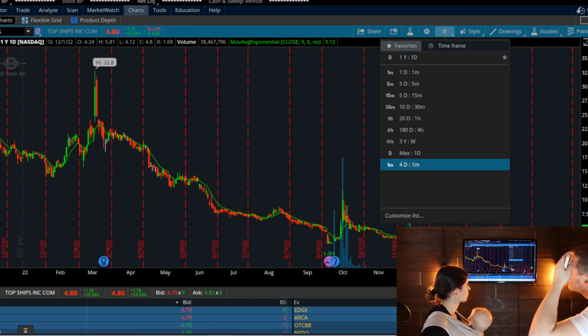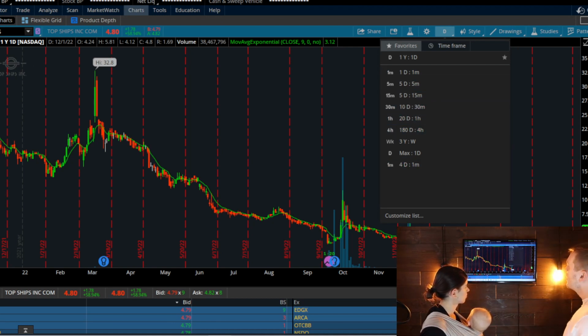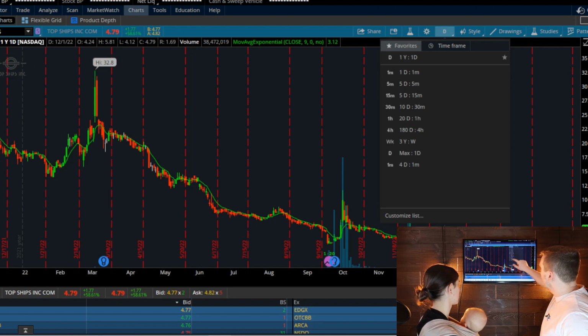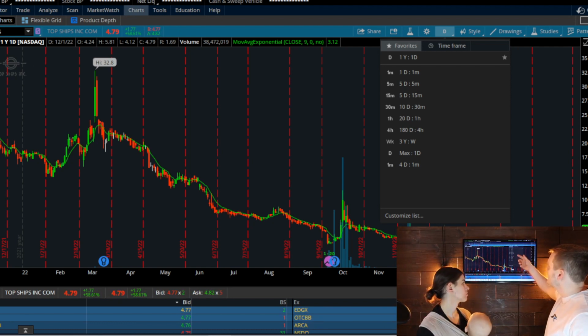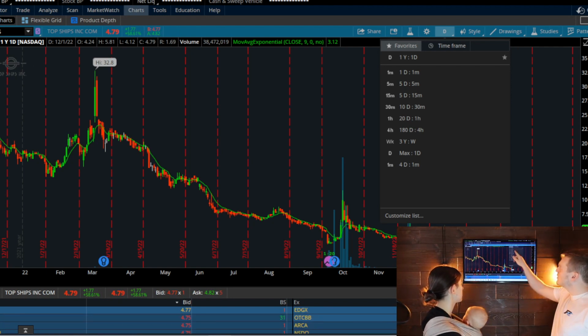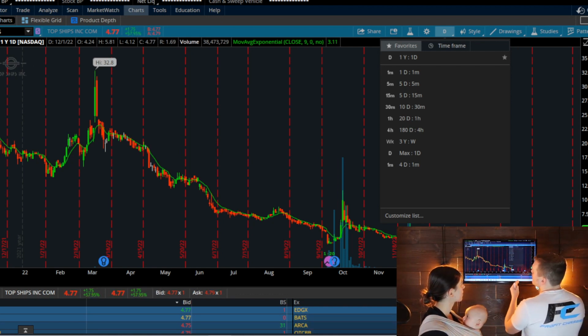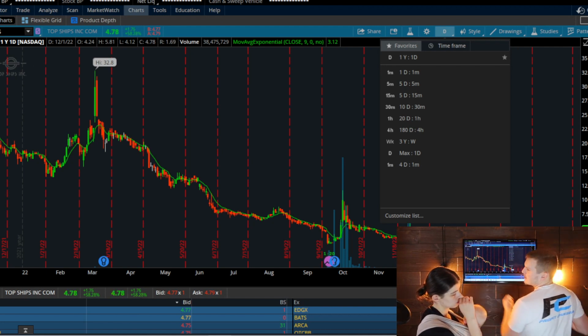So first thing is you have two measurements. Okay. 1Y, 1D, 1D, 1M, 4H. Can you guess what that means? Days, minutes. Yep, exactly. The first time frame is how much time or how much data you're giving yourself to look back at.